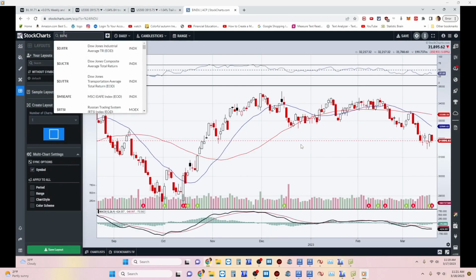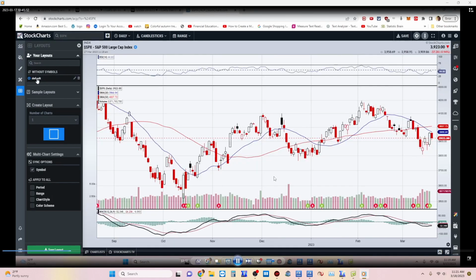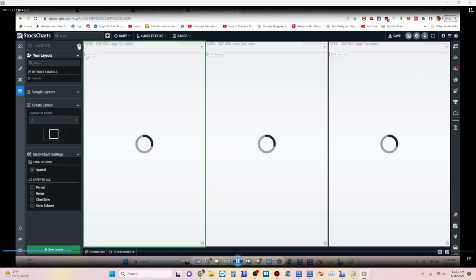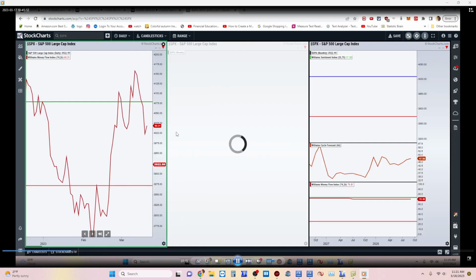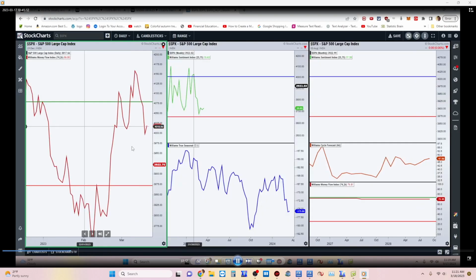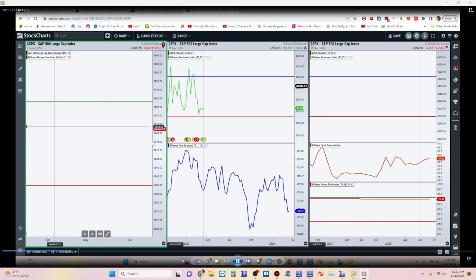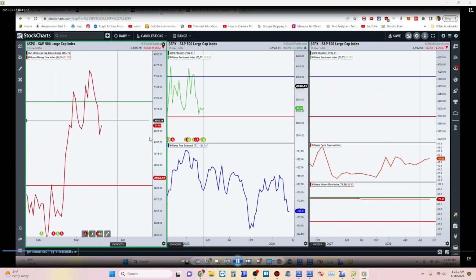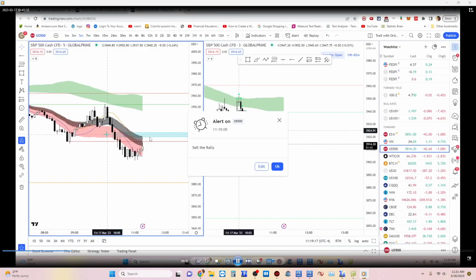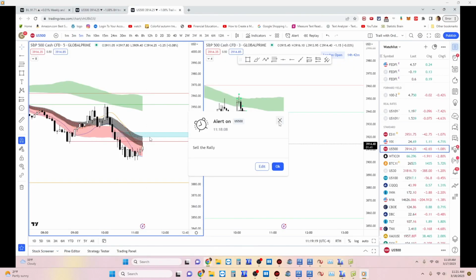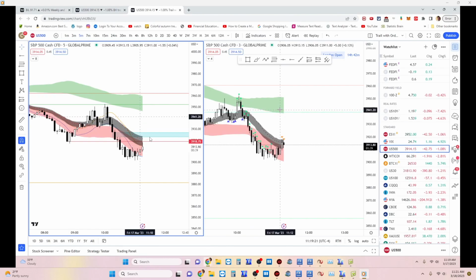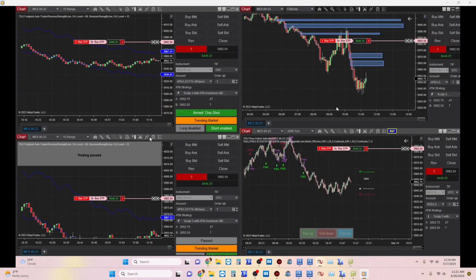So here I'm looking at the institutions, what their bias is. I hit the money flow index, which happens over here. We can see that it looks like institutions are pretty much neutral, as close to the middle as we can get. It looks like they've offloaded some longs, and so that's good for us to go short, because if they're long, it makes it even more difficult.